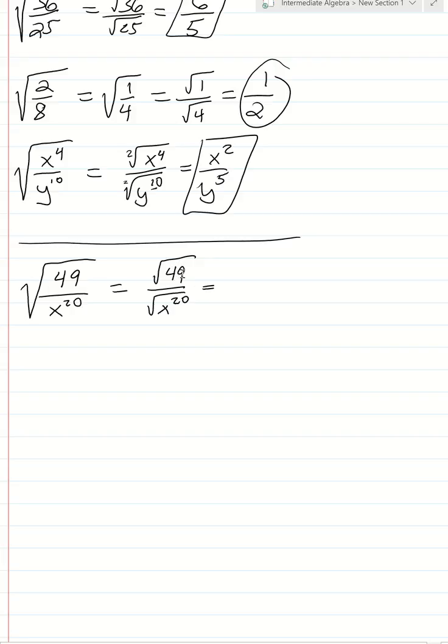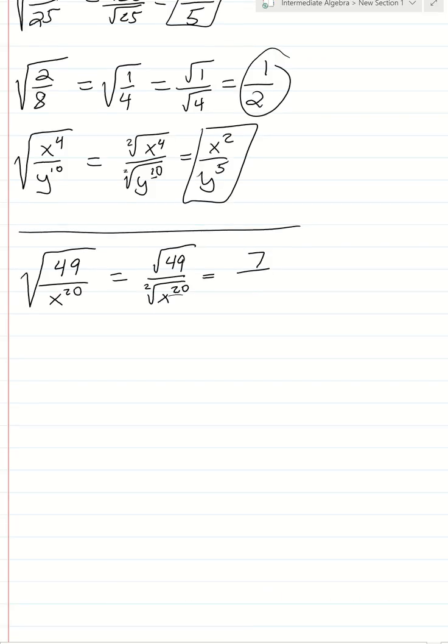And the square root of 49, that's a nice perfect square. That would give us 7. And the square root of x to the 20th, that too is a perfect square because 20 divided by 2 would give us just x to the 10th. And that would be your simplified radical.